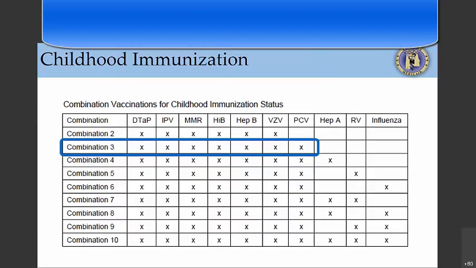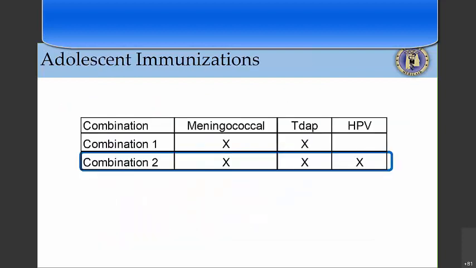They are DTaP, IPV, MMR, HiB, Hep B, VZV, and PCV. The adolescent immunizations calculate meningococcal, Tdap, and HPV.